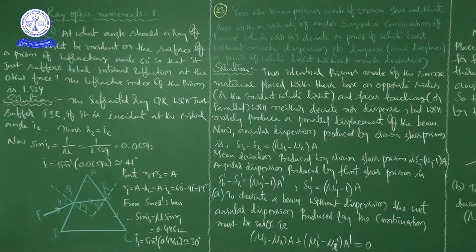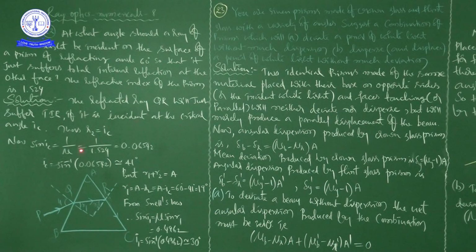Then you know the relation between critical angle and refractive index, that is sin IC is equal to 1 by mu. Sometimes we write sin C is equal to 1 by mu, but whatever it may be, here IC is the critical angle. What is this mu? 1.524.